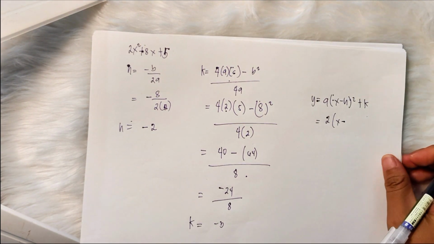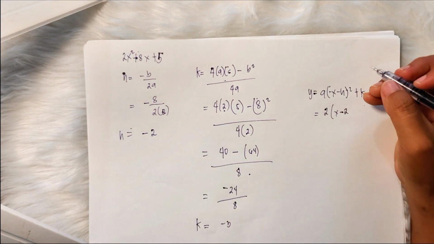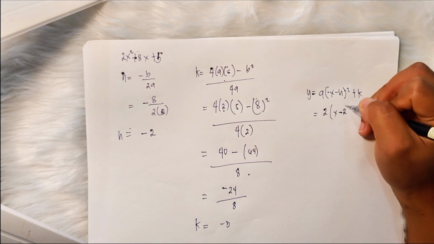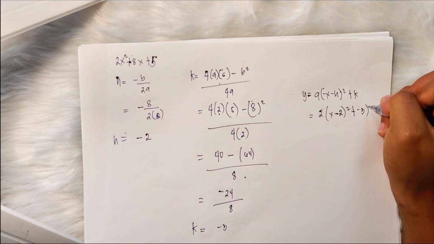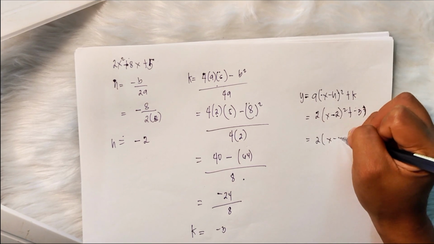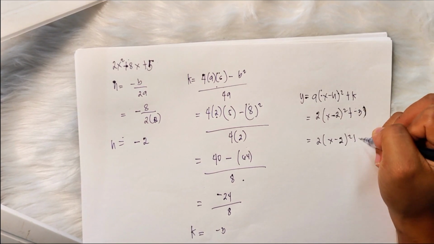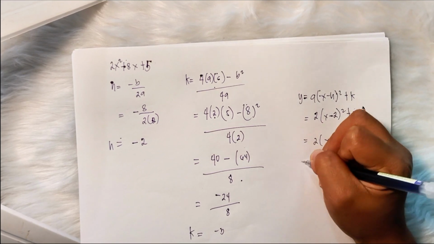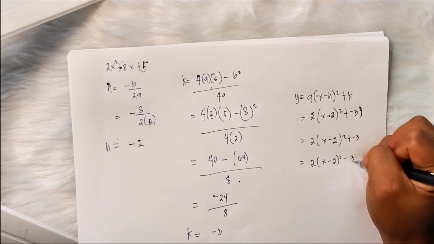So ang ating h is negative 2, squared, plus ang ating k is negative 3. So we have 2 times (x minus 2) squared plus negative 3, so 2(x minus 2) squared minus 3.